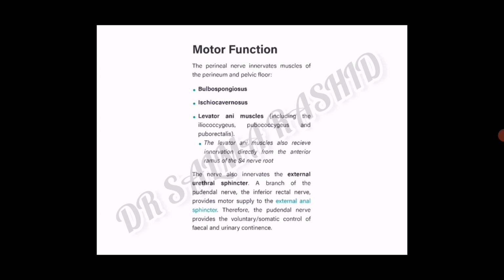The nerve also innervates the external urethral sphincter, a branch of the pudendal nerve. The inferior rectal nerve provides motor supply to the external anal sphincter. Therefore, the pudendal nerve provides the voluntary somatic control of fecal and urinary continence.